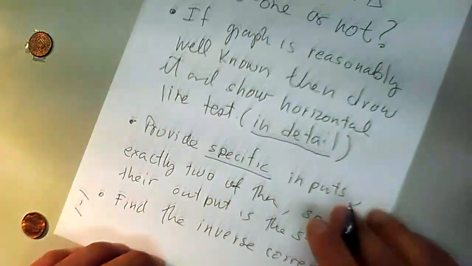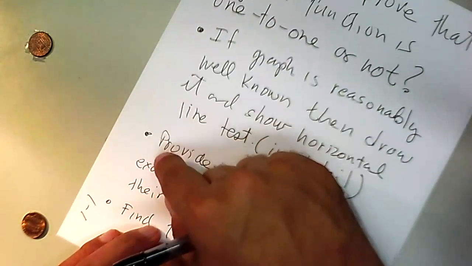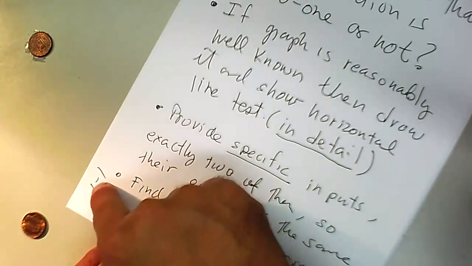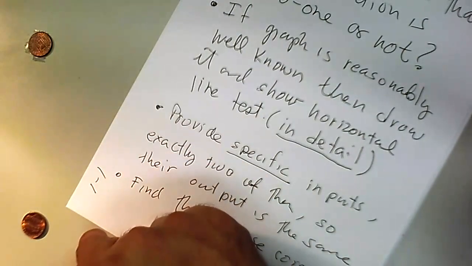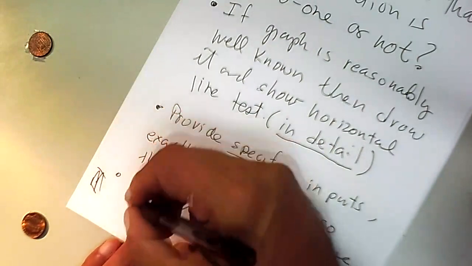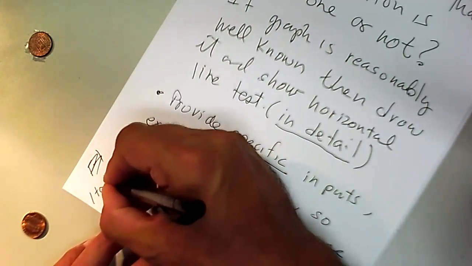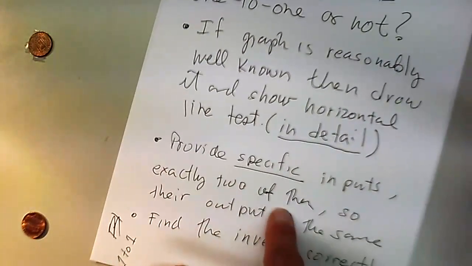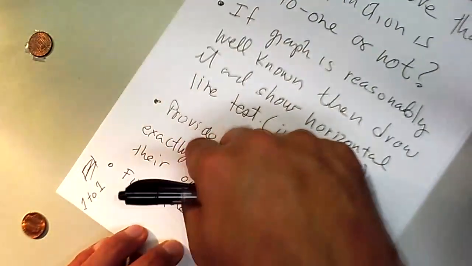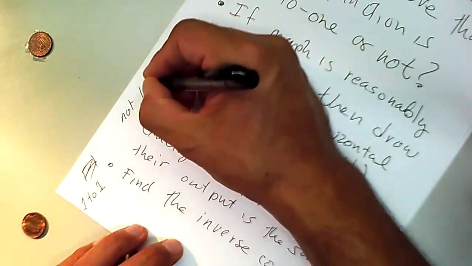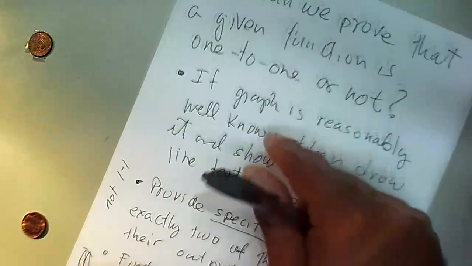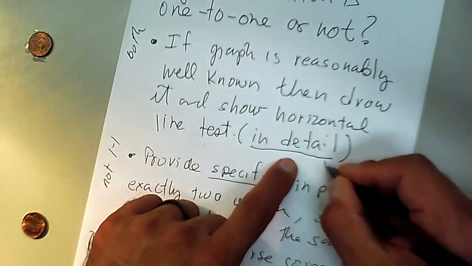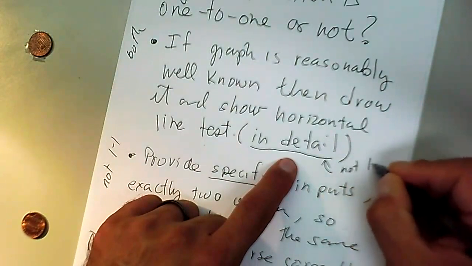That's a shorthand for one-to-one. It's not 1 minus 1, it's just a dash, 1, 2, 1. Anyway, if you wanna show that something is not one-to-one, then use this bullet, not one-to-one. This could work for both, but when you wanna be specific, you wanna show not one-to-one.